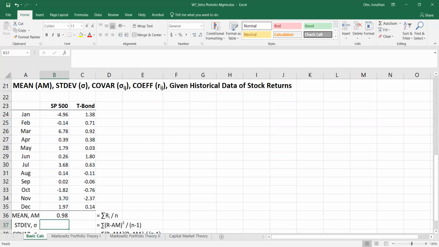The average return of Standard & Poor's is 0.98%, and the average return of the treasury bond is 0.22%. If you look at these two portfolios, the S&P 500 has 0.98 monthly return and the T-bond 0.22%. It's a significant difference, about 4.5 times.